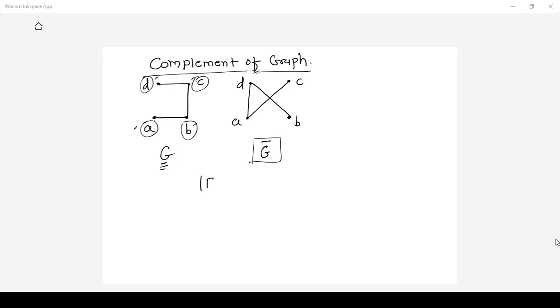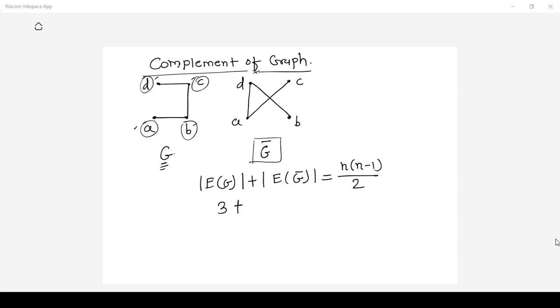Also, number of edges in the graph plus the number of edges in its complement is always equal to n into n minus 1 divided by 2, where n is the number of vertices in the graph. Now let us check with this given graph. So in the given graph I have three edges.